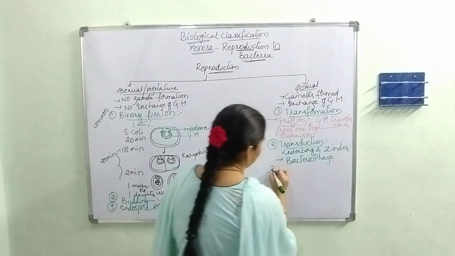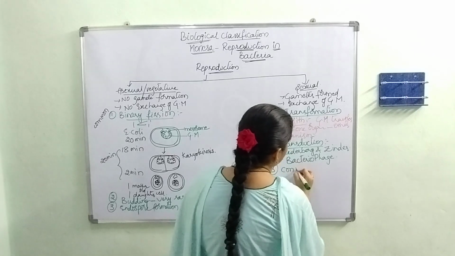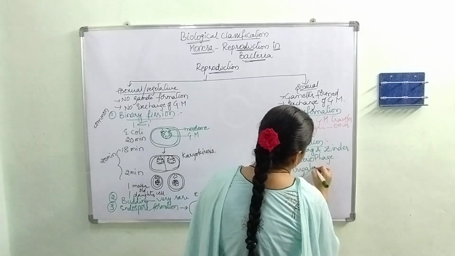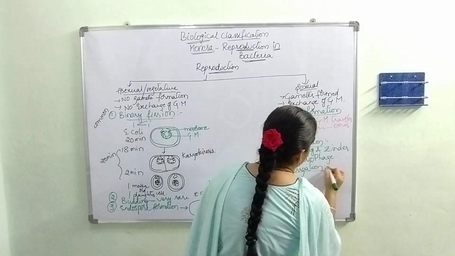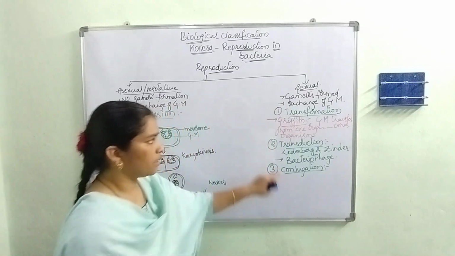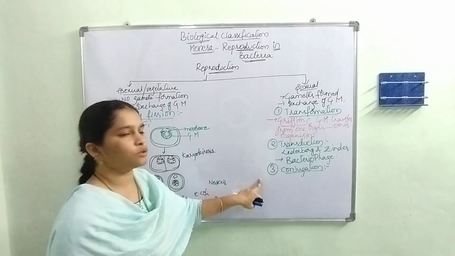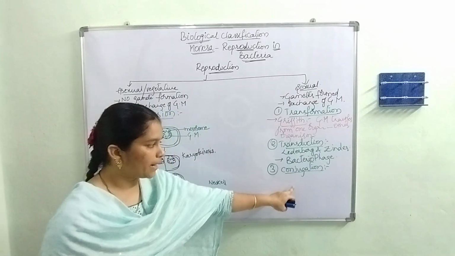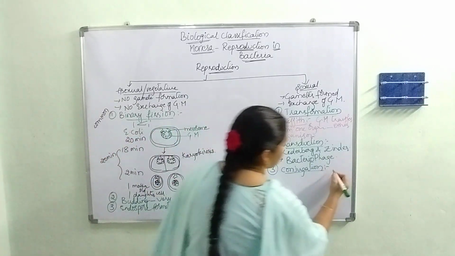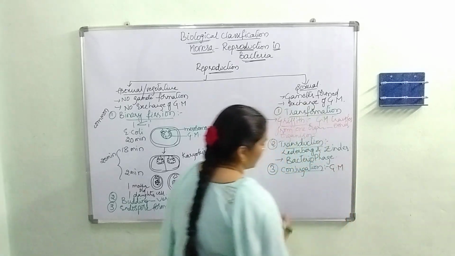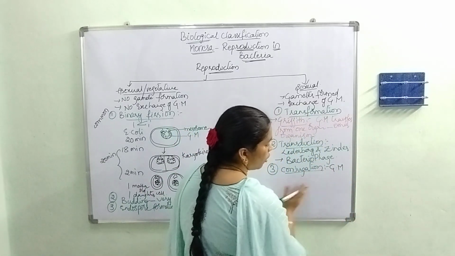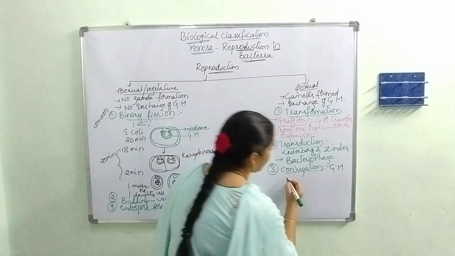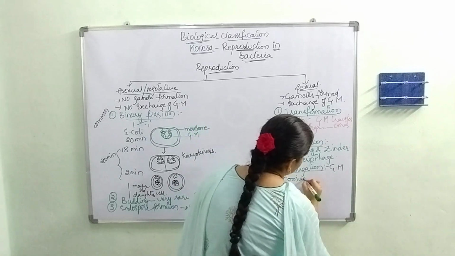And number three is conjugation. Of these three types of sexual reproduction, conjugation is a little bit complex, in which genetic material is transferred from one organism to the other through a conjugation tube.